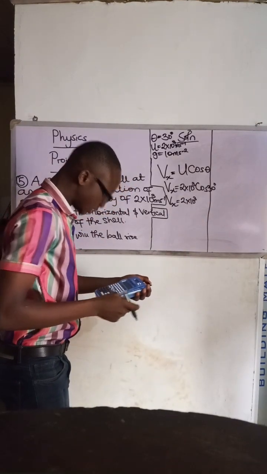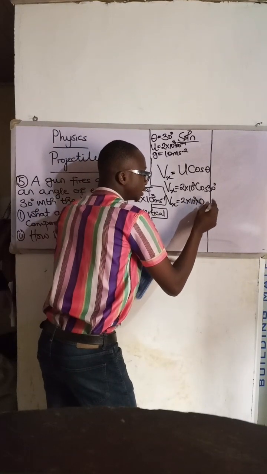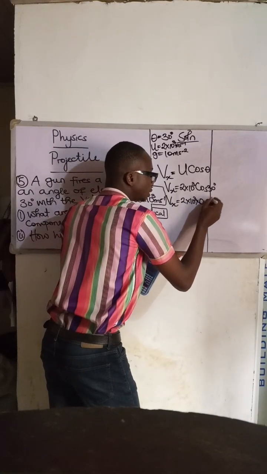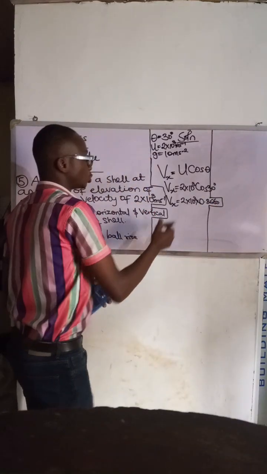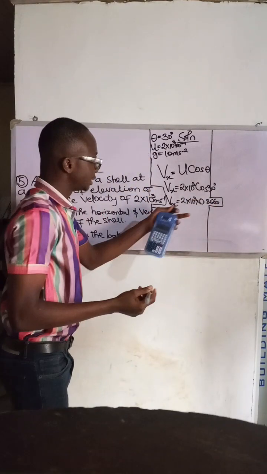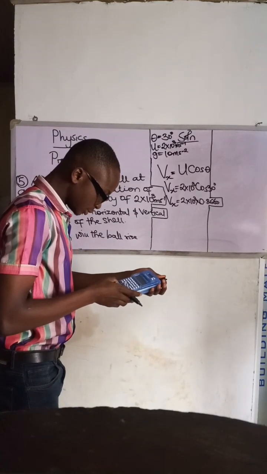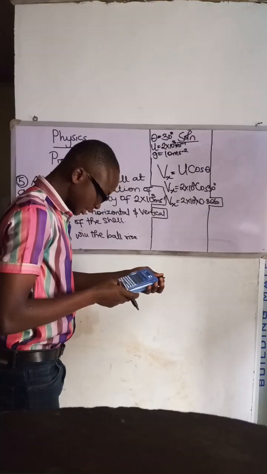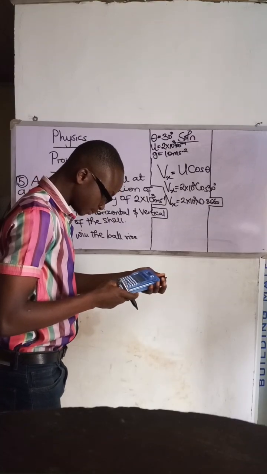Cos 30 should be 0.8660. Now, 2 times 10 raised to the power 3 times 0.8660.